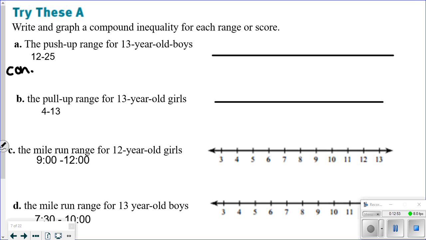My lowest number, my minimum, is 12. My maximum is 25. My push-ups need to be in between that. And they have to be greater than or equal to 12, less than or equal to 25. So I'm just going to do a rough number line.